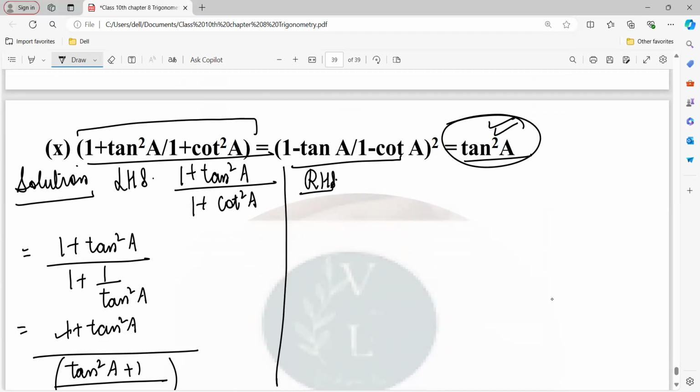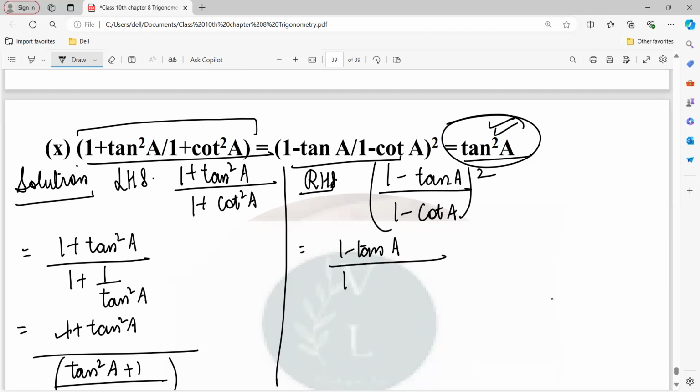So the right hand side we have is (1 minus tan A upon 1 minus cot A) whole square. Now, herein we have the tan in the numerator and the cot in the denominator. So we'll again try to convert the cot to tan. Let's write the numerator as it is, and in the denominator we'll convert cot to tan, taking the whole square.